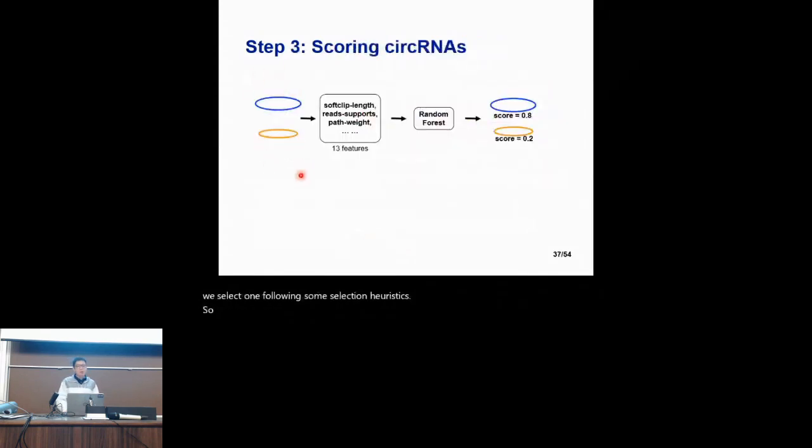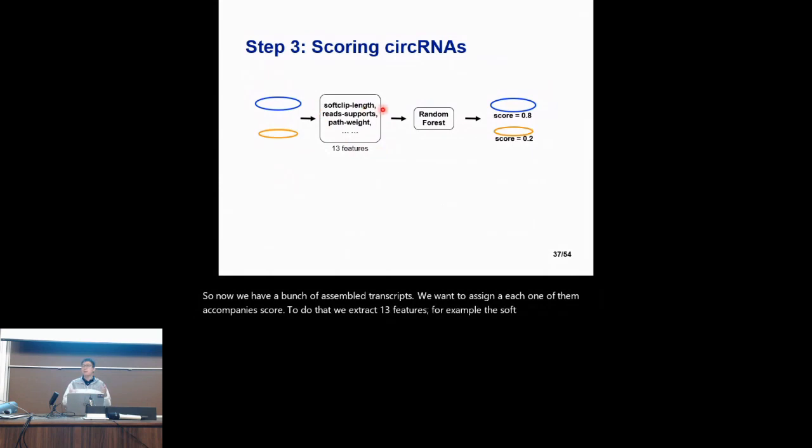So now we have a bunch of assembled transcripts. We want to assign each one of them a confidence score. To do that, we extract 13 features. For example, the soft clip length, the length of the unmapped portion. The longer it is, the more reliable the back-splicing junction will be.